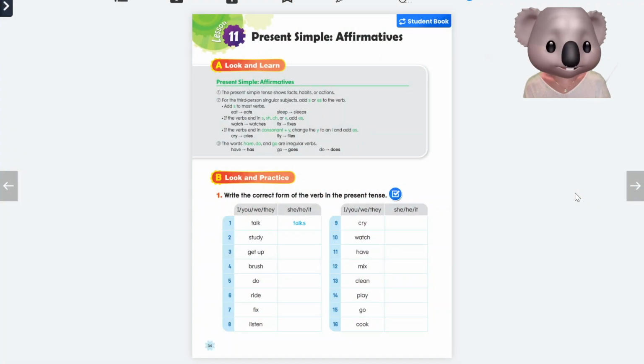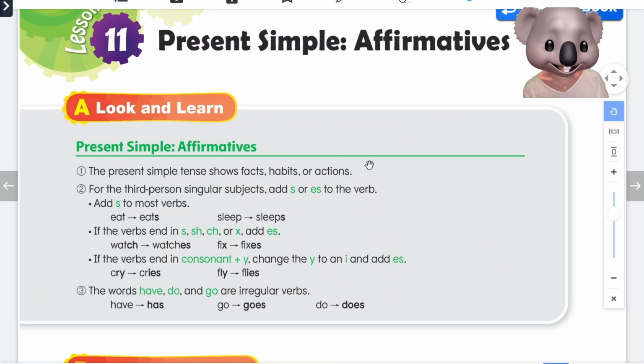Today, we'll be reviewing Lesson 11, Present Simple Affirmatives. The present simple tense shows us facts, 사실, habits, 습관들, or actions, 행동들. In the third person singular subject, she, he, it, we add s or es to the verb.